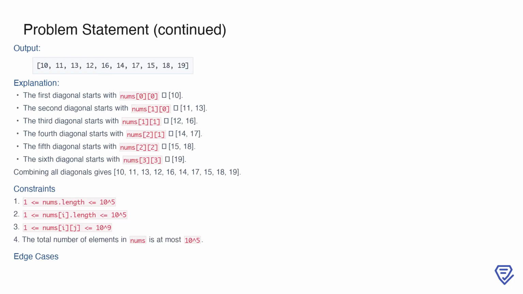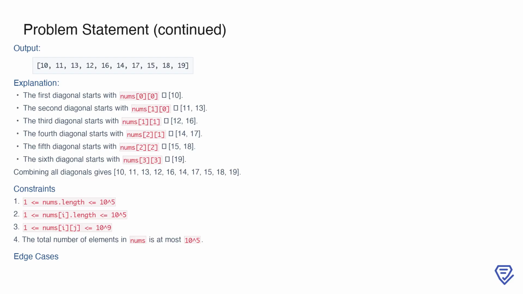For a slightly more complex case, consider the input nums as 10, 11, 12, 13, 14, 15, 16, 17, 18, 19. The output for this input is 10, 11, 13, 12, 16, 14, 17, 15, 18, 19. Let's break it down. The first diagonal starts with nums[0][0], which is 10. The second diagonal begins at nums[1][0], and includes 11 and 13.